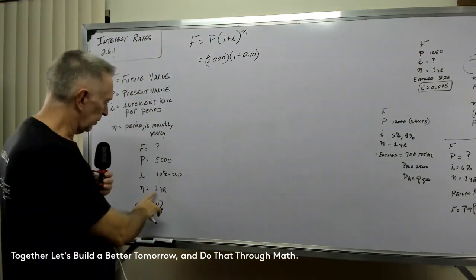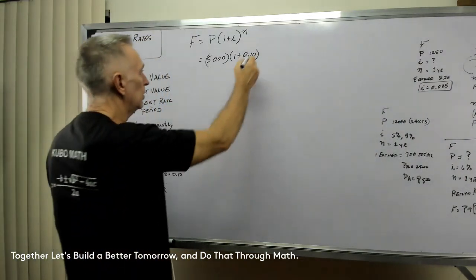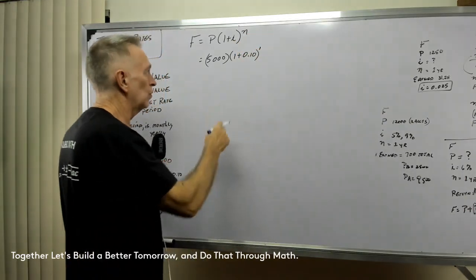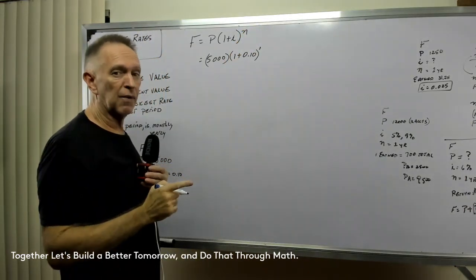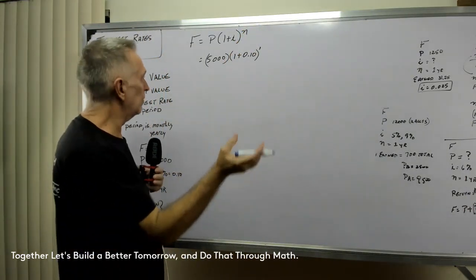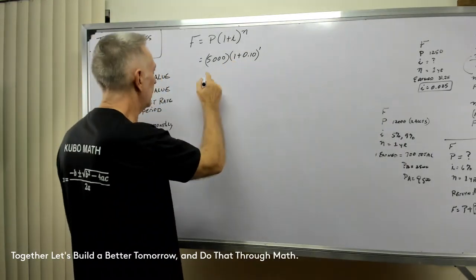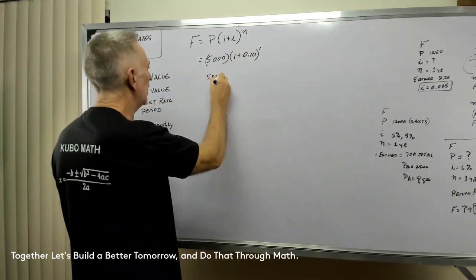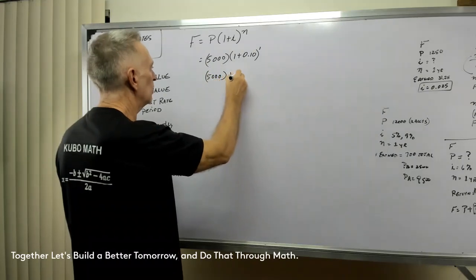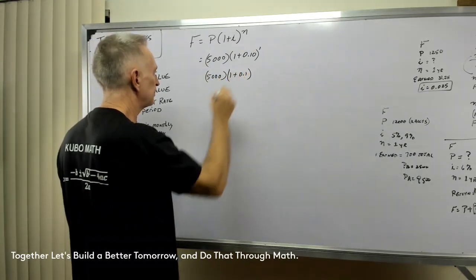And we're going to invest that for 1 year. So n is 1. We're raising this to the first power. Well, if it's raised to the first power, it is just that, right? So I have 5,000 times 1 plus 0.1.